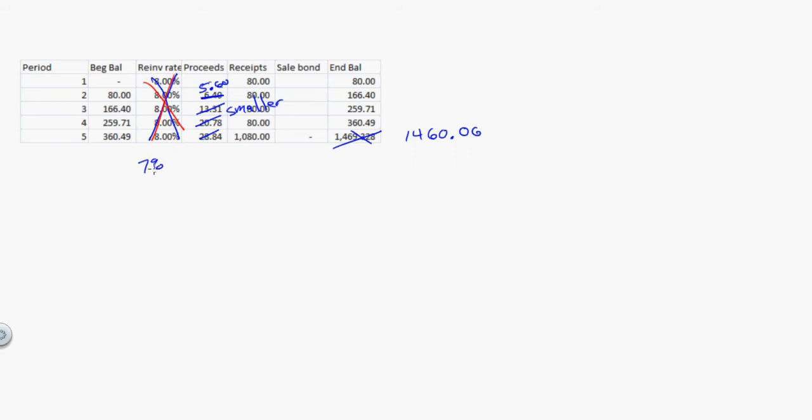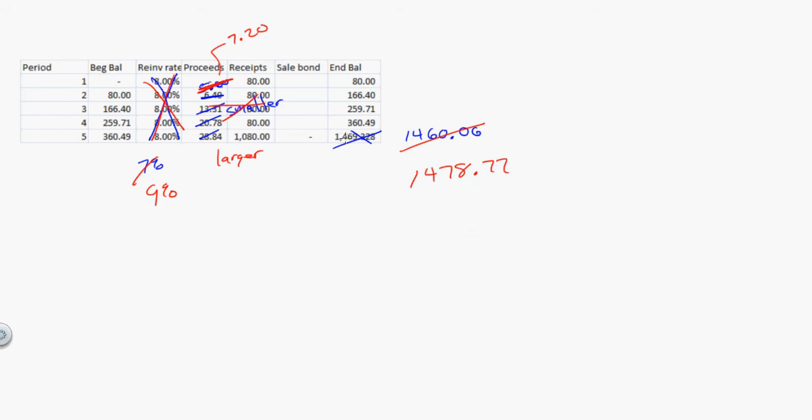Instead of these being 8% or 7%, now they're all 9%. If it's 9%, that's not $5.60. 9 times 8 is $7.20, right? And all these, rather than being smaller, are larger. So it's not 1460, it's 1478.77. Now I make money.